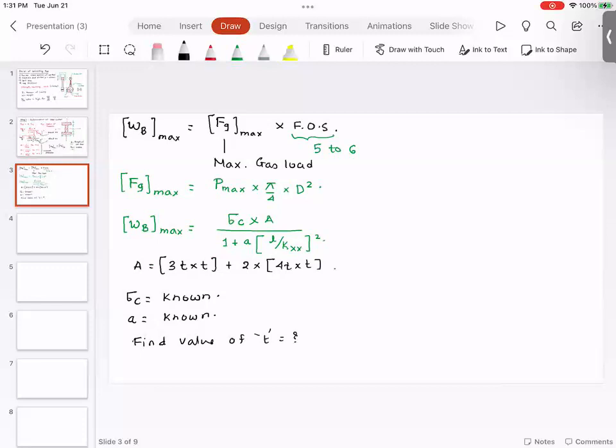So once we have some rough idea of what the cross sections are going to look like, what the material is going to look like, we look at the design data book, or we look at McMaster, or Vishay, or Grainger and see what components are available. And then we try to use those that will reduce the cost significantly.